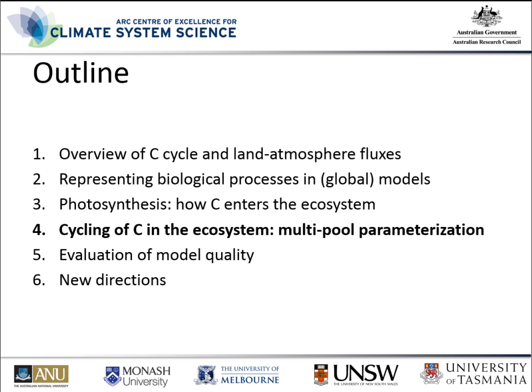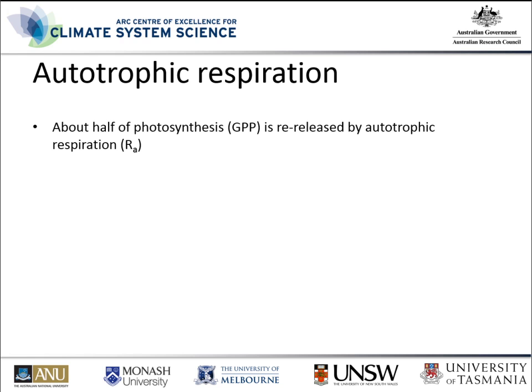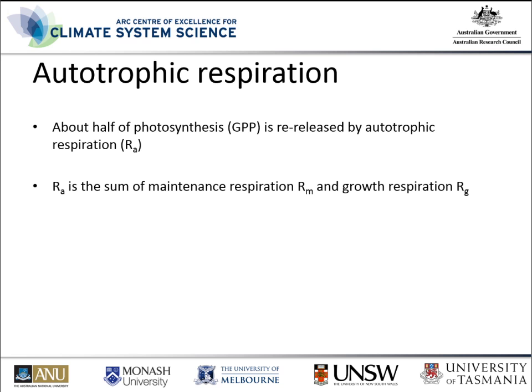Okay, so now I'm going to talk about how this carbon that enters the leaves goes down in the tree and the soils, etc. So first, photosynthesis, GPP, half of it is re-released by the plant into the atmosphere by autotrophic respiration. And the autotrophic respiration, RA, is the sum of the maintenance respiration, which means how much energy the plant is using to stay alive, and growth respiration, which is how much the plant is using to build up new biomass.